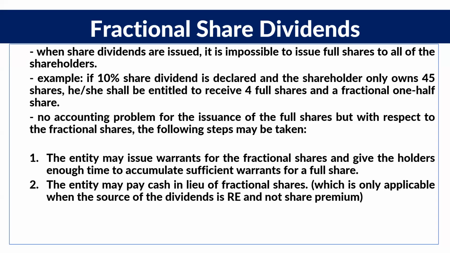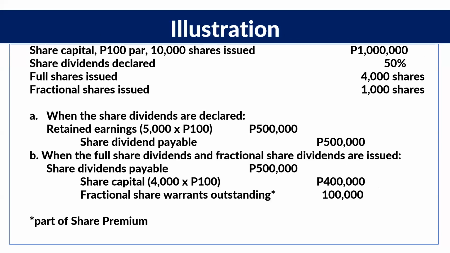And this is only applicable if the source of the dividends is retained earnings and not share premium. So take note of that. The corporation can just pay cash for the fractional share, but it is a decision of the board of directors, and only applicable when the source of the dividends is really from retained earnings and not from share premium.